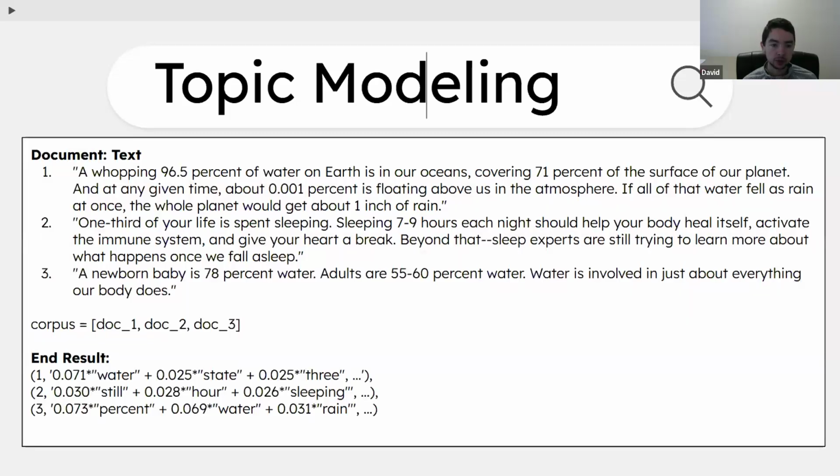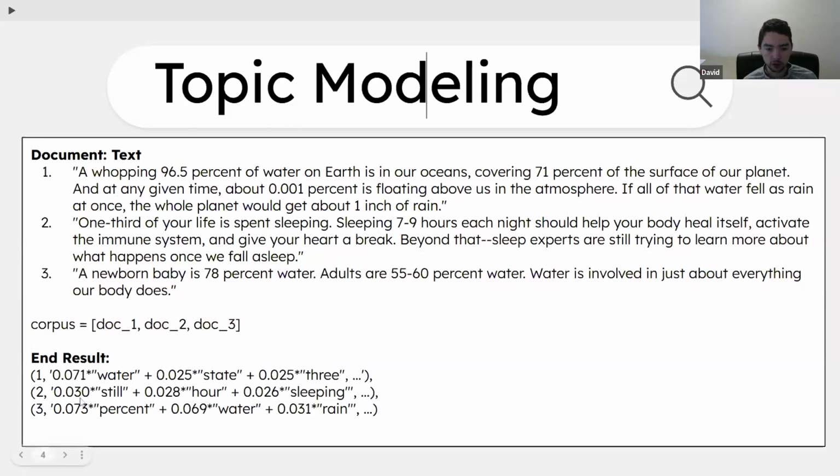And so back to this example. We can see here for document 2, 1/3 of your life is spent sleeping, and sleeping 7 to 9 hours a night each night should help your body heal itself, etc. And so we can see that the algorithm that was used here found that it had to do with these words.